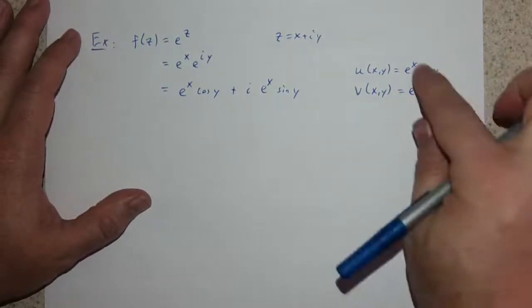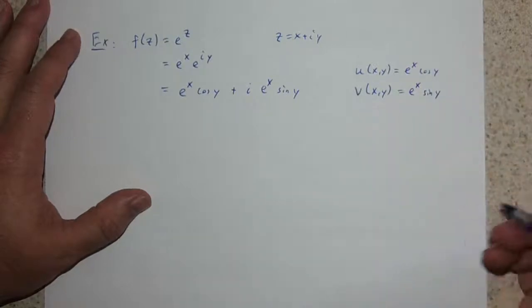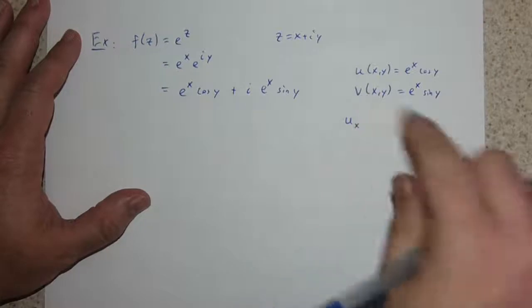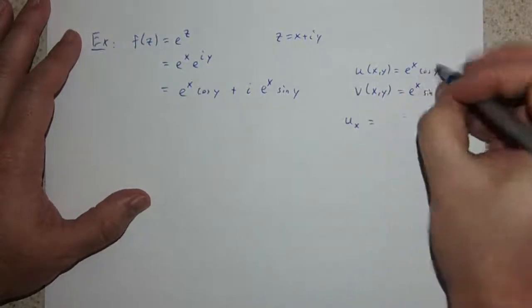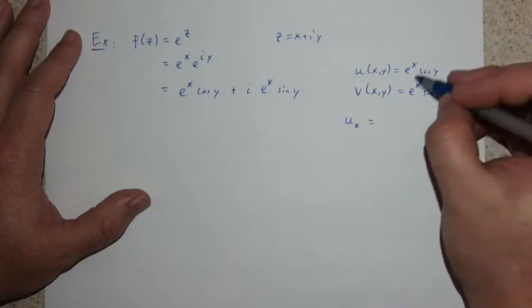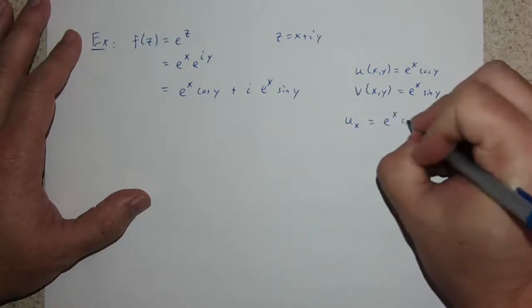So what are the Cauchy-Riemann equations here? First of all, we need to compute all the first order partials. The x partial of u is the x partial of e to the x times cosine y. Cosine y gets treated as a constant when I'm taking the x partial. The x partial of e to the x is just e to the x, so this is e to the x cosine y.